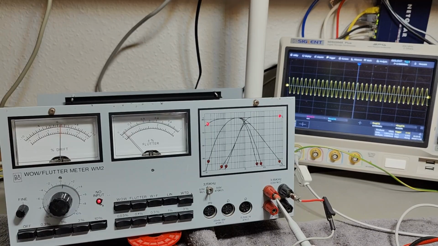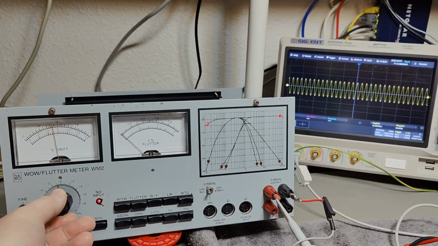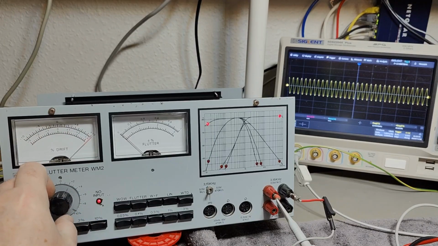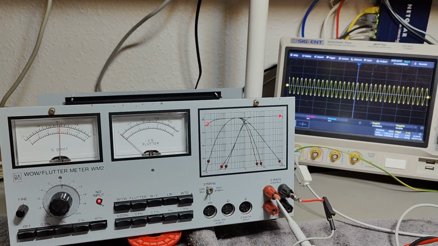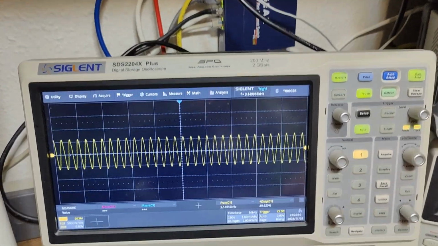We got an output. Yay, that is good. And it is changing the frequency. I don't know if this is easy to see, but let's go a little bit closer here.